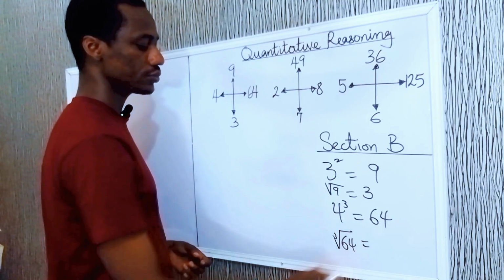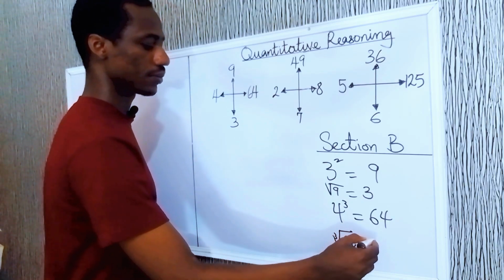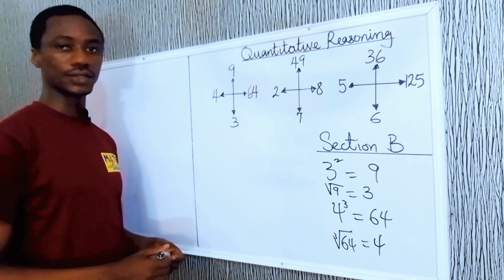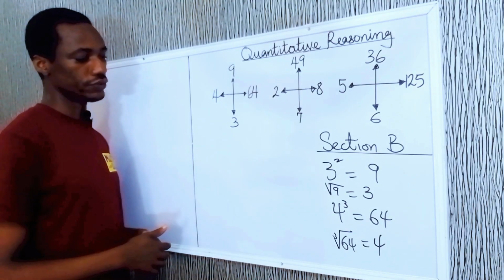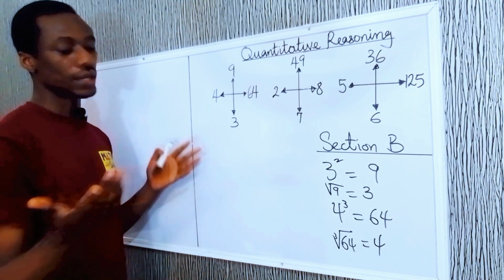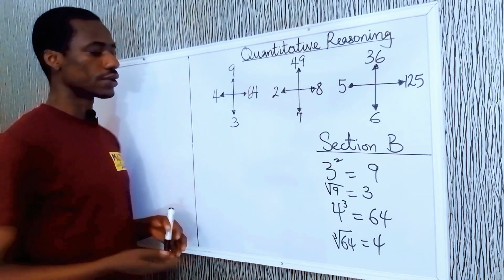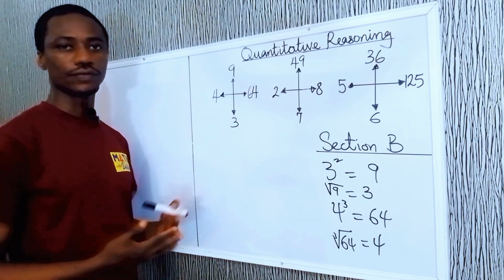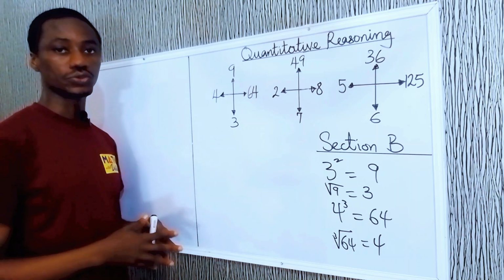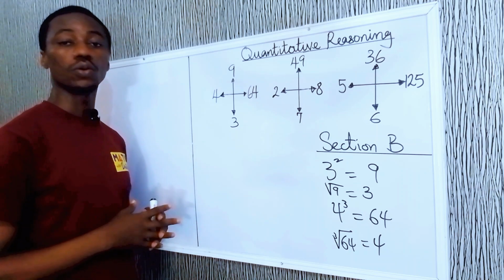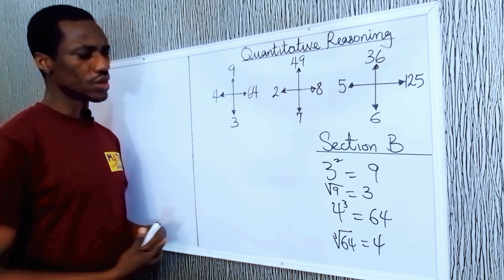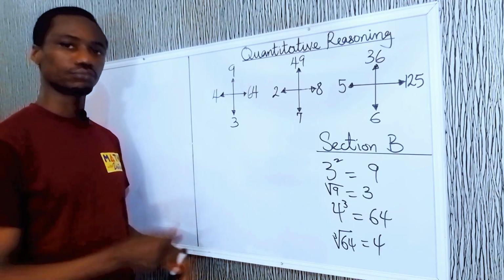I explained that in the exercises. So with these squares and cubes, easy peasy. Square the smaller one, you get the bigger one. Cube this, and you have that. And you can also reverse with the root, and that will make your work very easy. So let's go ahead with the analysis and solve.